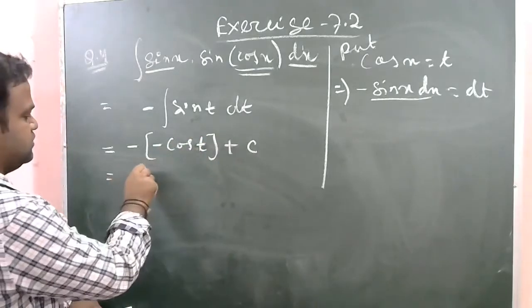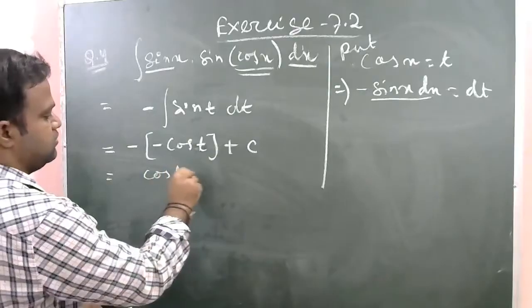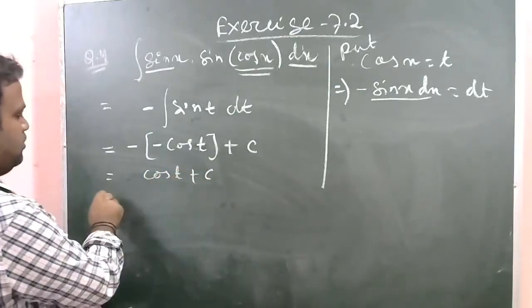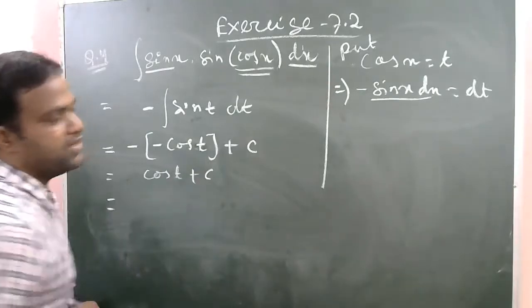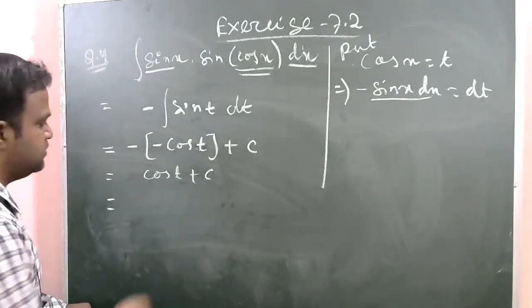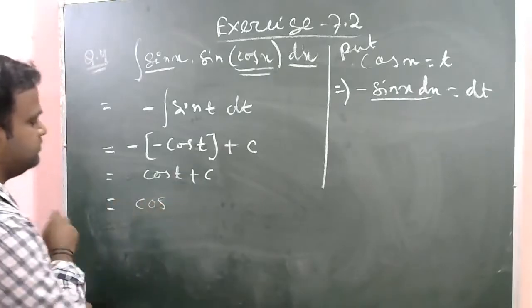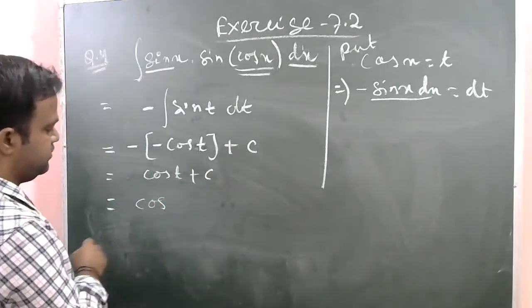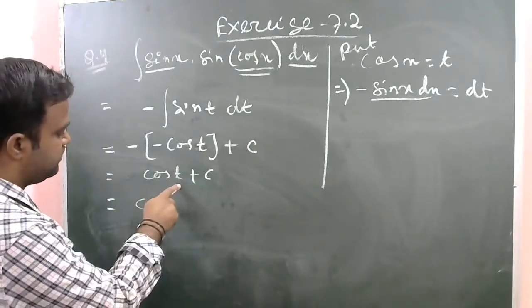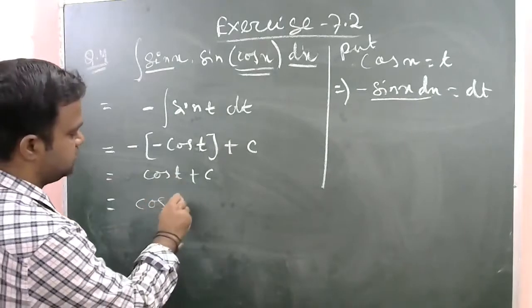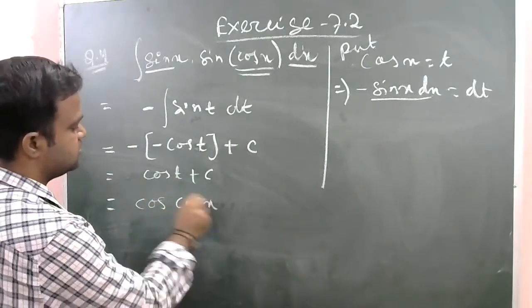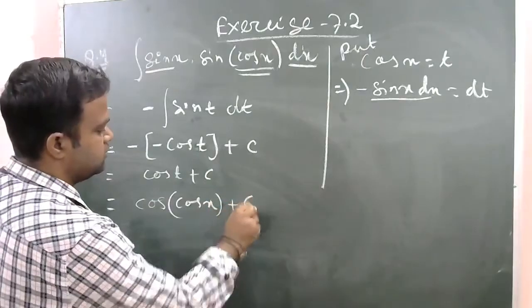So minus minus plus, so cos t plus c, and t I have already taken as cos x, so I'll replace it as I have told you in the last problem. So we have to go back to the original variable. So here t is cos x, so cos of cos x plus c. This is your answer.